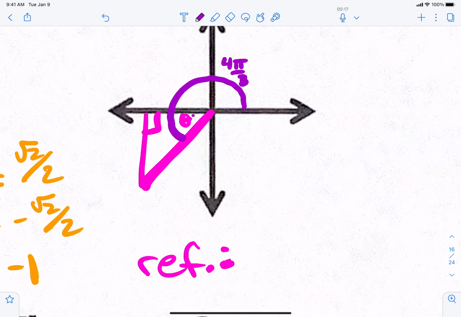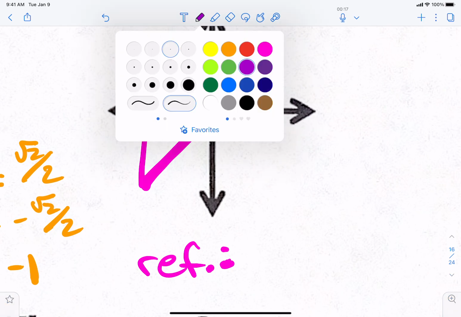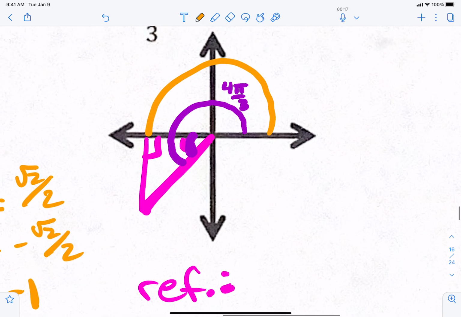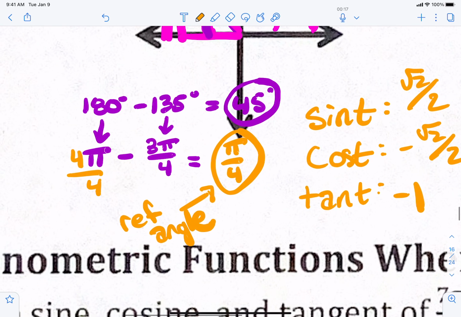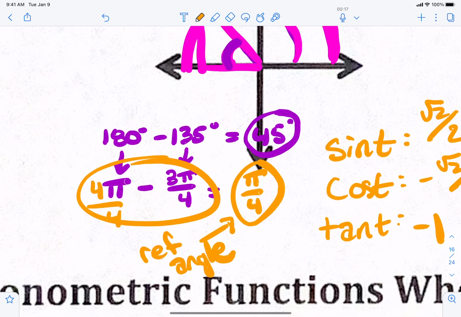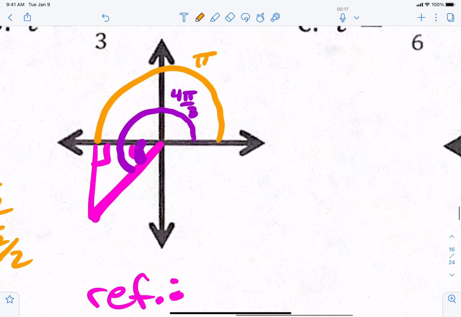And I want to know what just this piece is right here. How far is it from here to just here? 180, which is just pi, right? So before we were taking pi minus 3 pi over 4. But in this case, we're taking 4 pi over 3 minus pi.